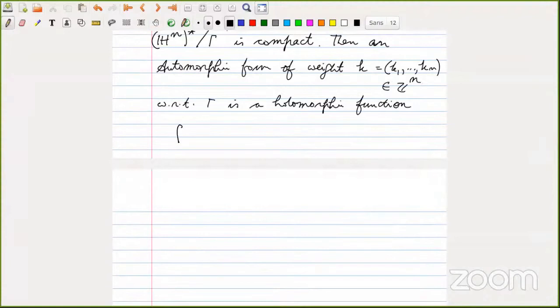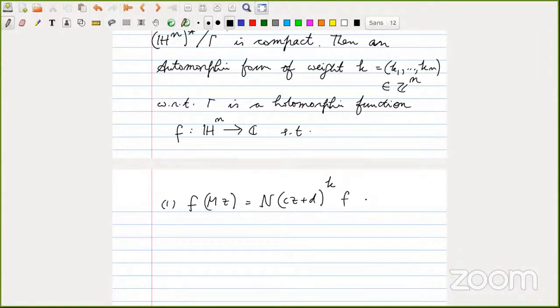A holomorphic function f from H^n to C such that first, f of mz equals the product of (cz plus d) to the power of k times f of z, for all m in gamma, and second is this regularity condition: f is regular at all cusps.